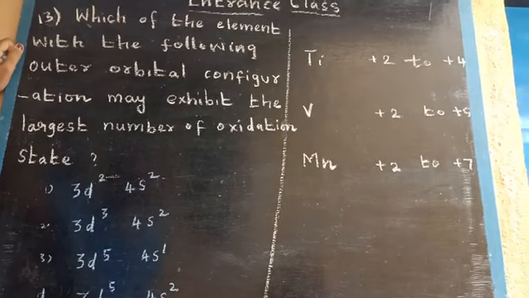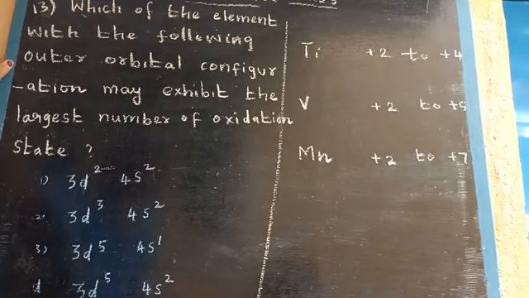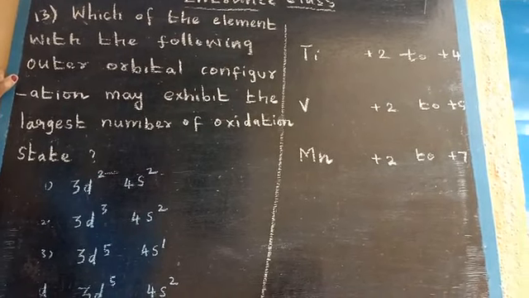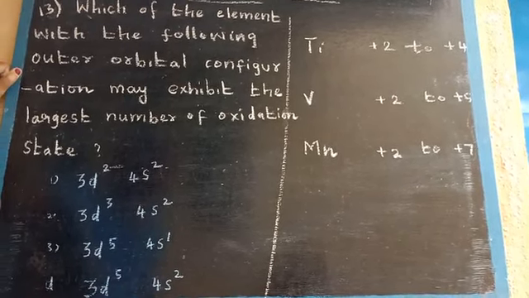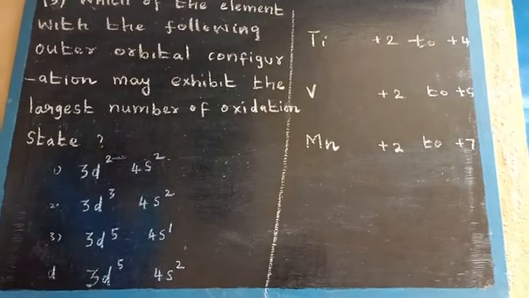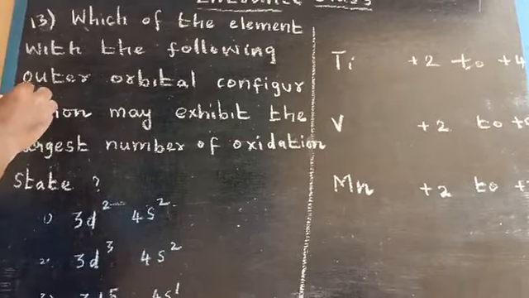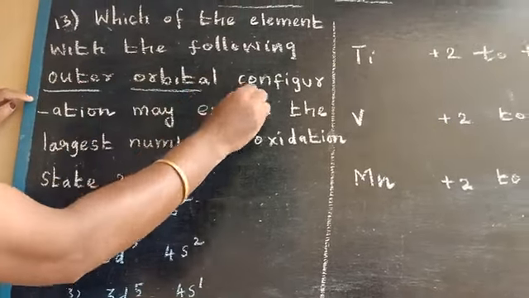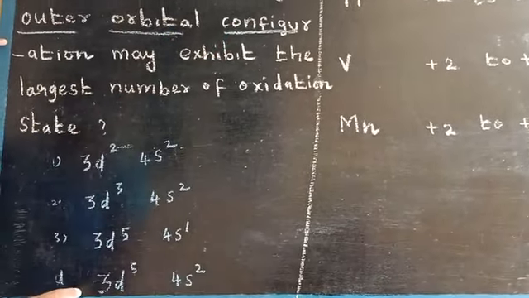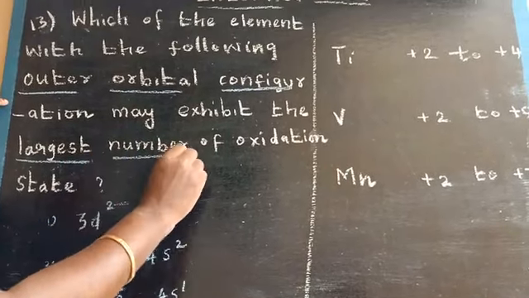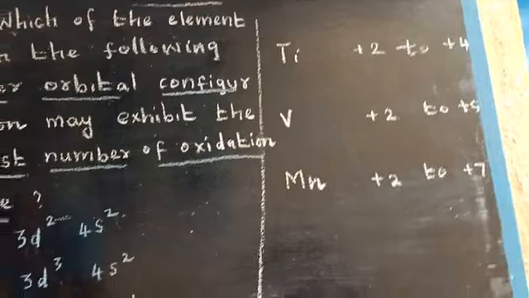Which of the elements with the following outer orbital configuration may exhibit the largest number of oxidation states?